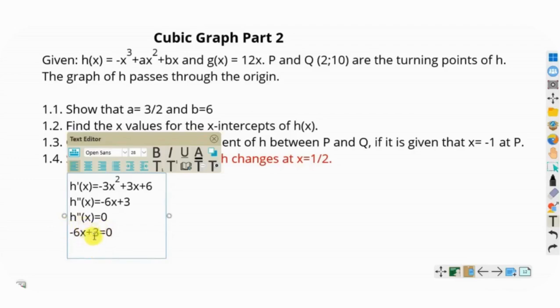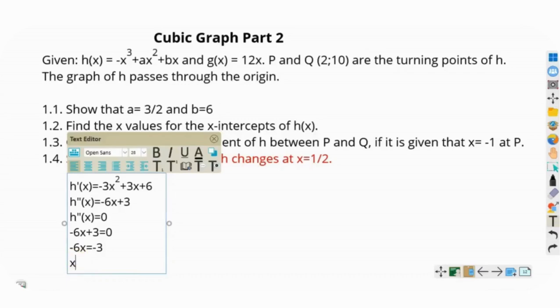From here I will take 3 to the right side, and when you move 3 to this side it's negative. So this means 6x equals 3. When you divide both sides by negative 6, you remain with 3 over 6. 3 over 6, they are both divisible by 3. 3 goes once into 3, 3 goes twice into 6.